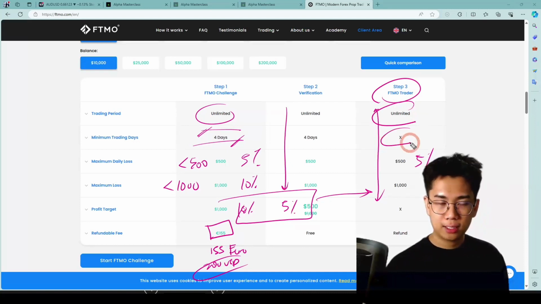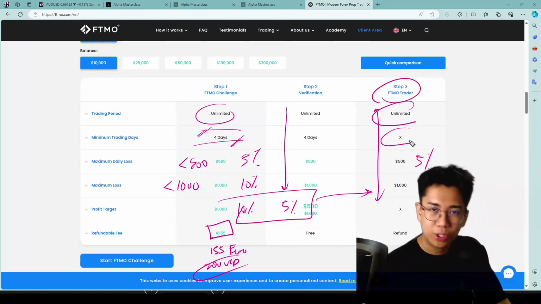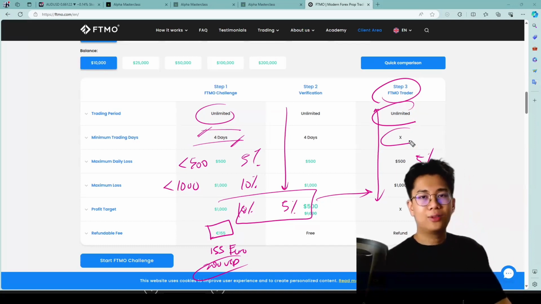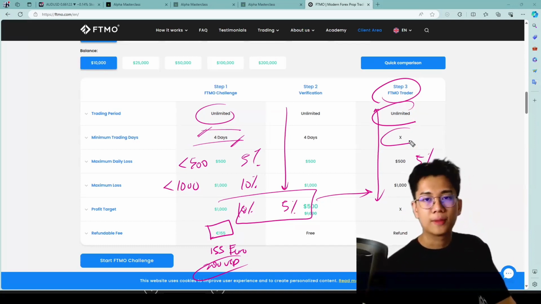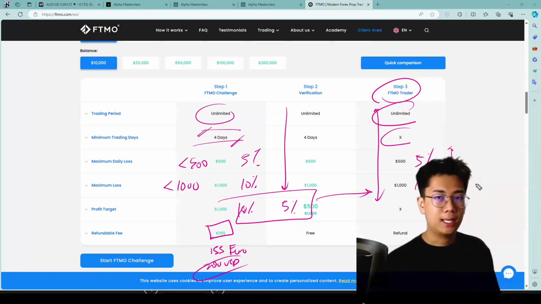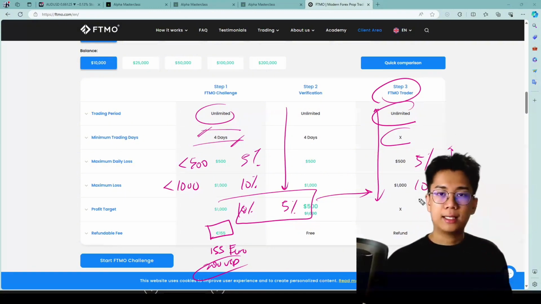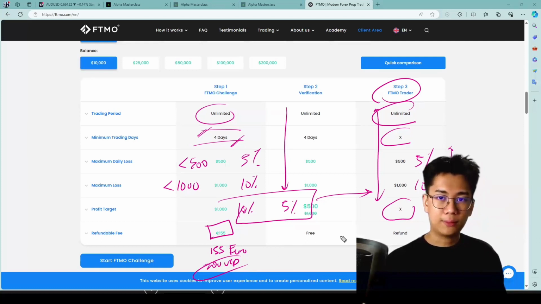No minimum trading days, meaning there's no more stress to trade. You could trade one trade a month or not trade at all. It's totally fine. The only criteria are the 10% max drawdown and 5% daily drawdown. That's it, and there's no profit target as well. At the same time, the fee initially paid for the exam, they'll refund 100% back to you.